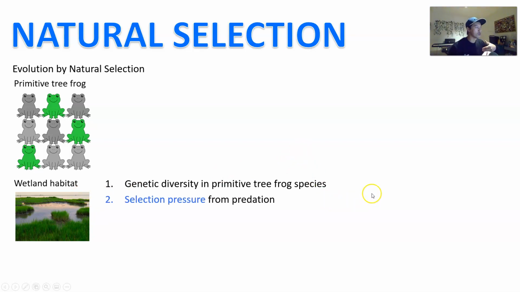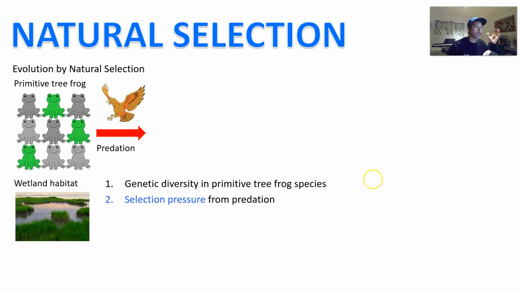What happens next is usually when an organism moves into an environment or lives in an environment, they encounter what we call selection pressure. Selection pressure could be anything varying from predation to mating opportunities or artificial things that occur because of humans or whatever. But selection pressure, in this case, let's say it's predation, right? Let's say birds hunting frogs.